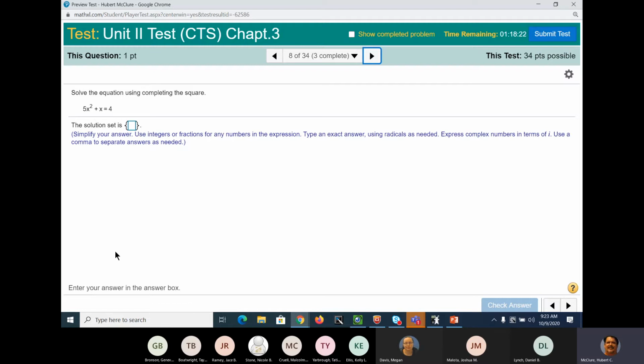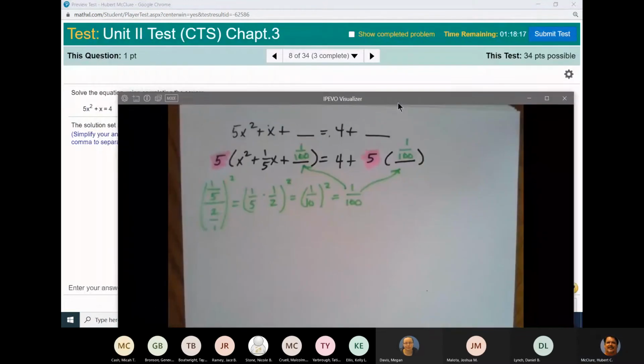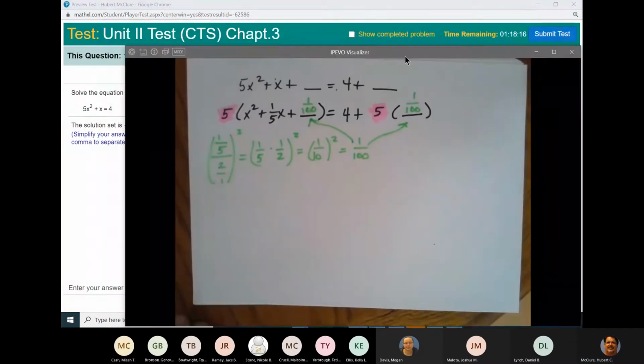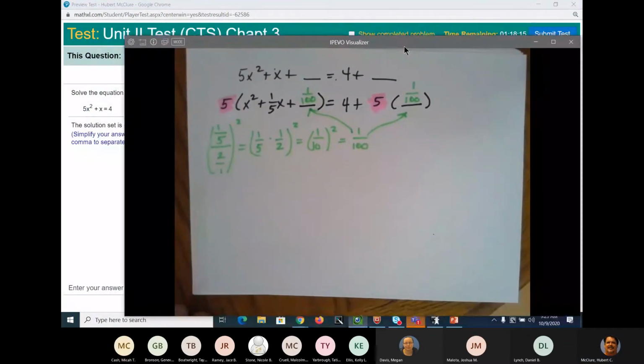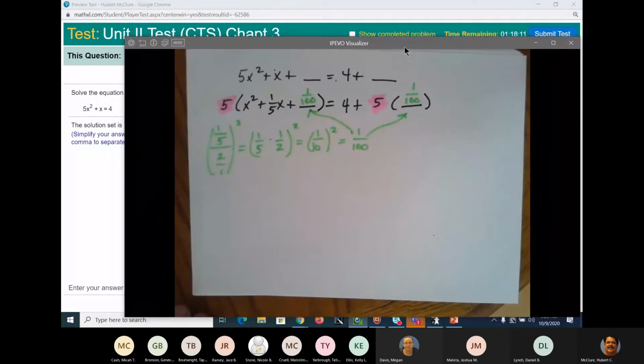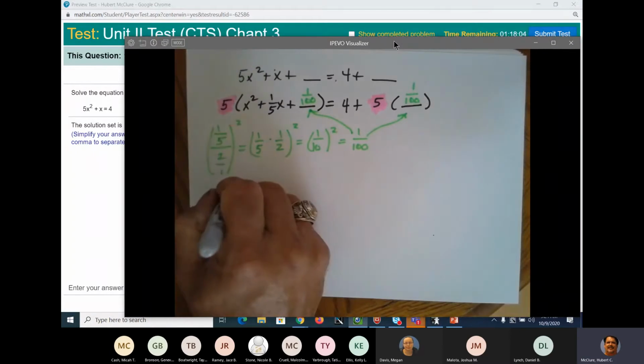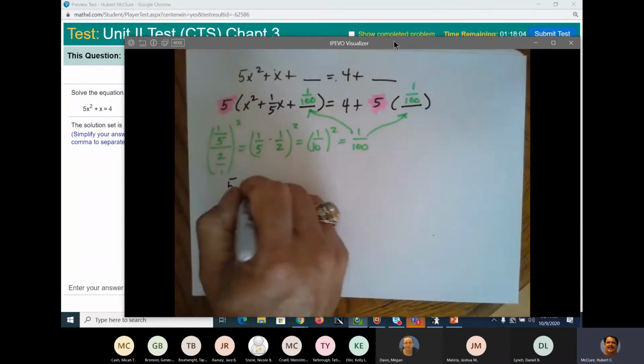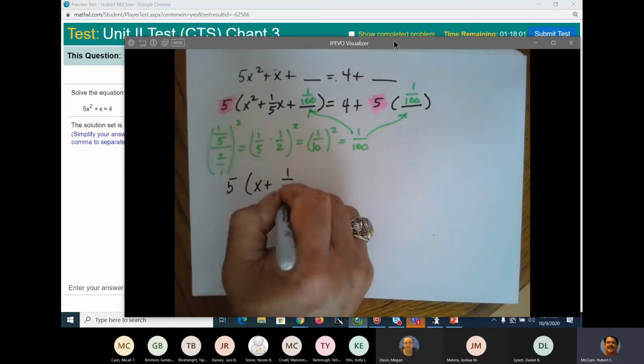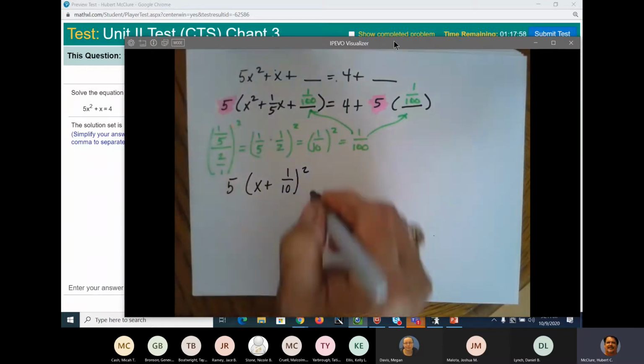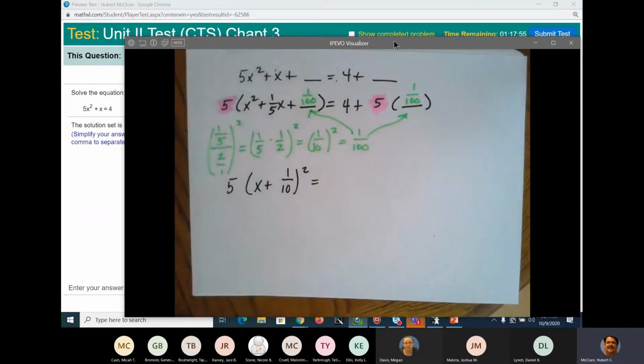And that's going to give me 5 times x plus 1/10, the second power, is equal to, well, that 5 will go into that 20 times.